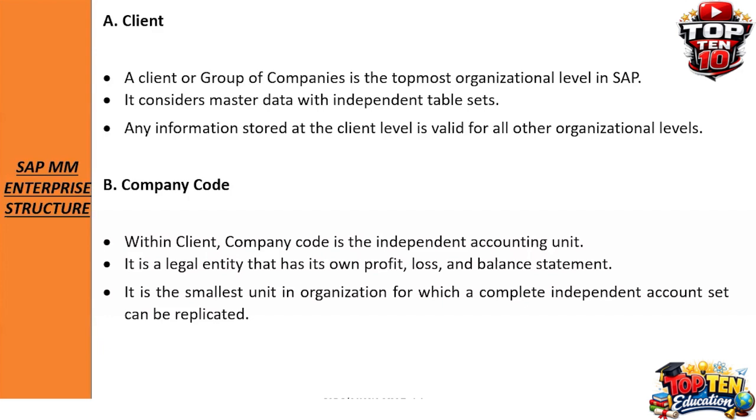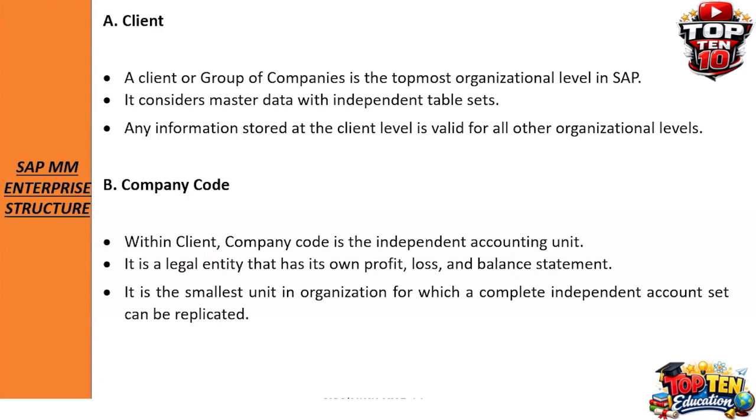Any information stored at the client level is valid for all other organizational levels. So if we are keeping the data at the client level, where the client is ABC, that information will be available to all the organizational levels, such as company code 1, company code 2, company code 3.